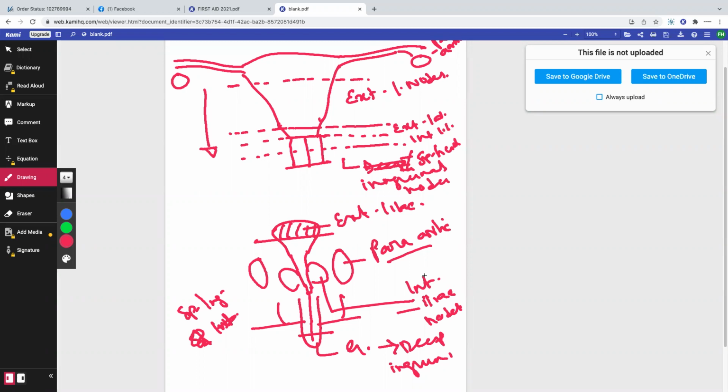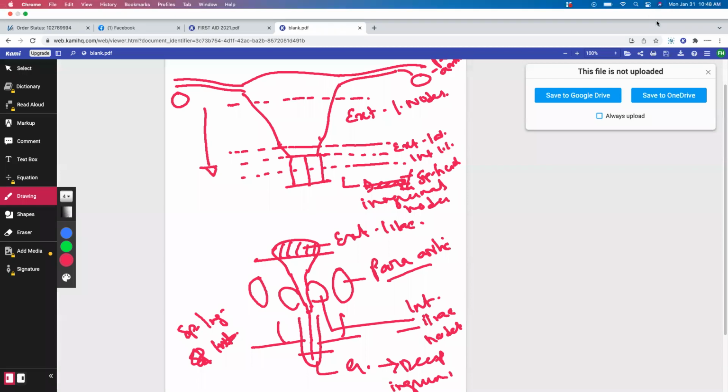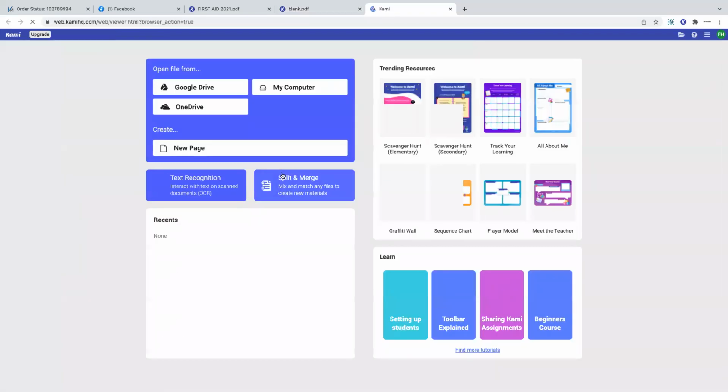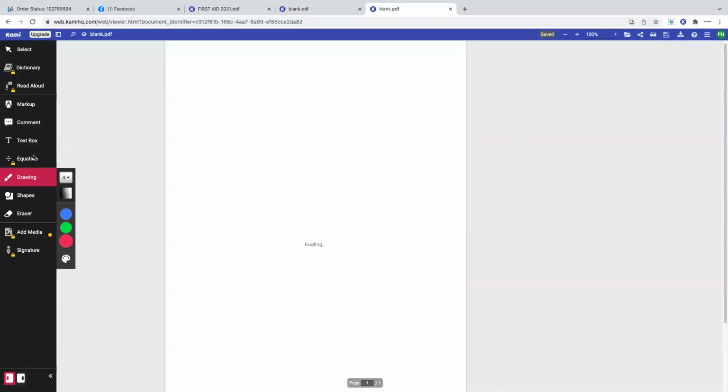Internal iliac. Very good. On which side do we have more varicocele, left side or right side? More on the left side. There's another very high yield diagram, which I want to draw right now.